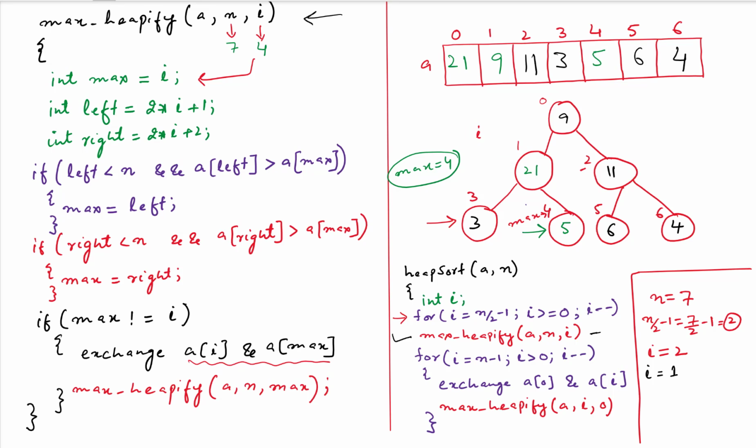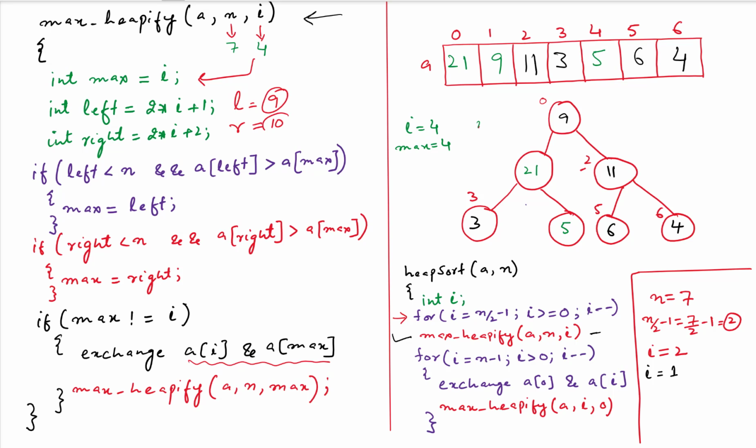So I will write these things here also: I is equal to 4 and max is equal to 4. Then we come down and we calculate left is equal to 2 into I plus 1, that is 2 into 4 is 8, plus 1, that is 9, and right is equal to 10.